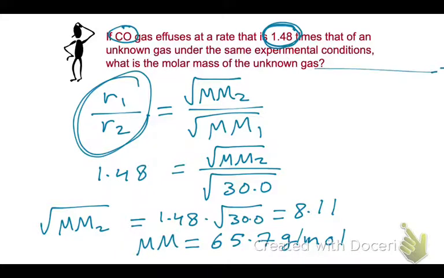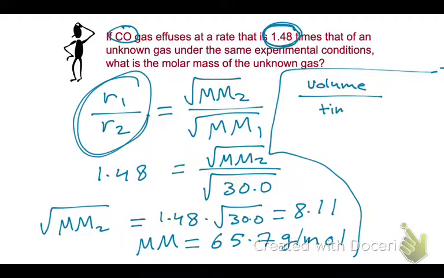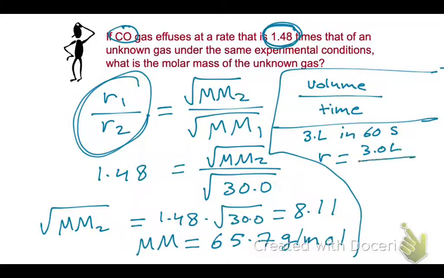Sometimes they're going to give you the speed of both. And for the effusion speed, effusion is normally given as volume over time, right? So it's going to tell you 3 liters passed in 60 seconds. That means R will equal 3 liters over 60 seconds. So pay attention if they are giving you a ratio, which is the whole thing, R1 over R2, or if they're going to give you different R's individually, which means volume over time.